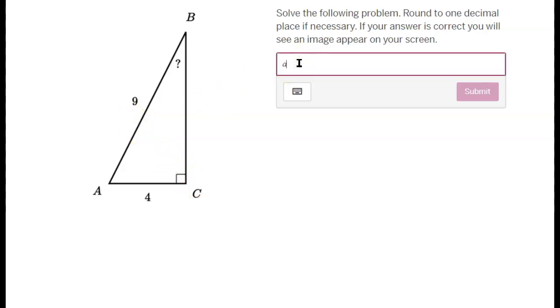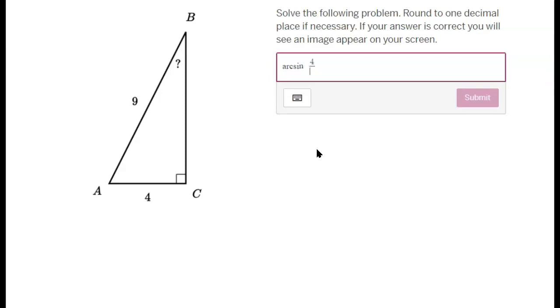So here I'm going to use arc sine, and I want to show you too that you can use the power of -1 in the calculator. I like to use arc sine because I can type it, but I want to show you both of these. So arc sine of opposite divided by hypotenuse tells us that the measure of angle B is 26.3878.